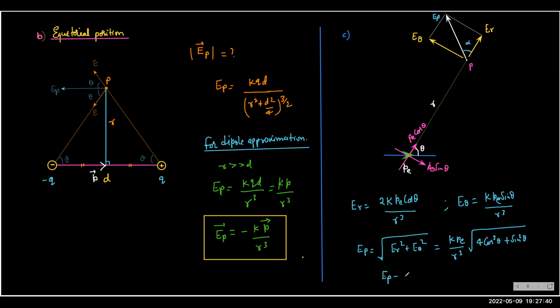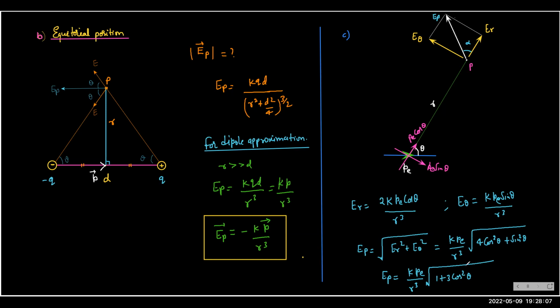And 4 cos square theta plus sin square theta will become 1 plus 3 cos square theta, because I'm writing sin square as 1 minus cos square. So this way of writing is also okay. So this is the net value of the field.